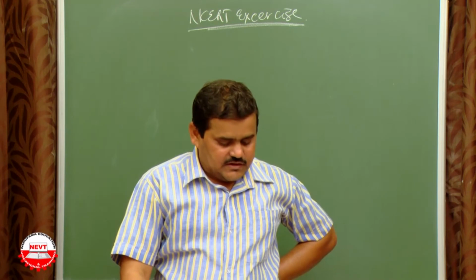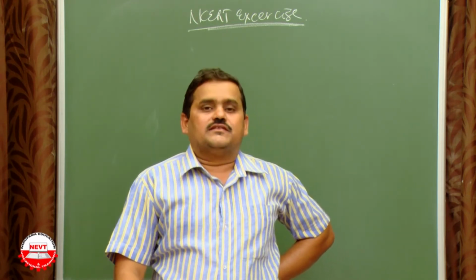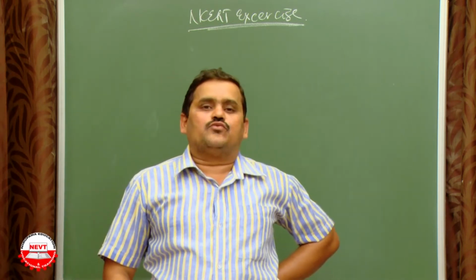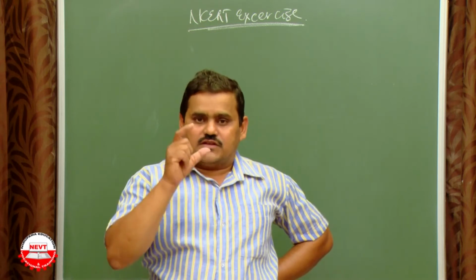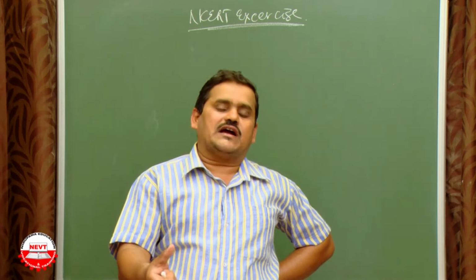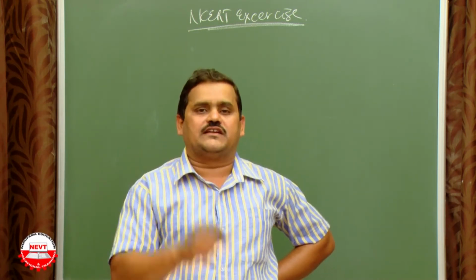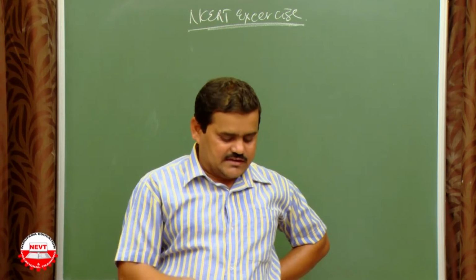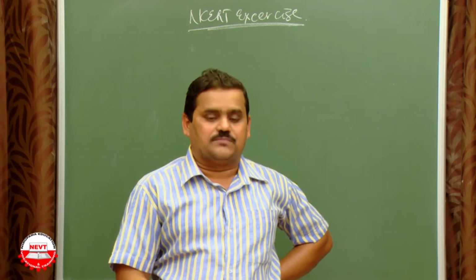Question number 6. Water at room temperature is liquid. Give 2 reasons. Since water has a definite volume, therefore it is liquid. Second, since water has no fixed shape, it takes the shape of the container, therefore it is a liquid. Second, an iron almirah is solid at room temperature.